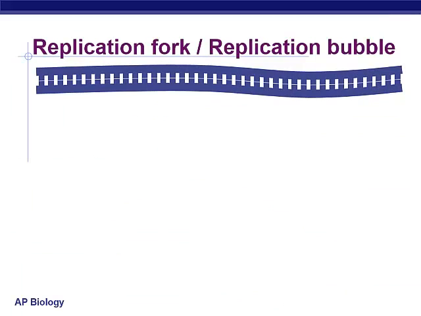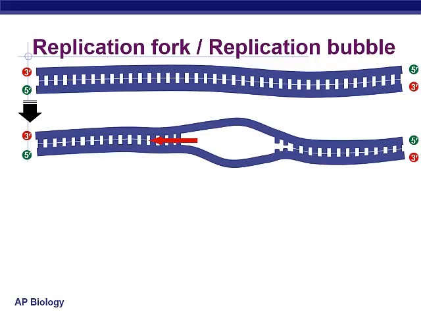So let's take another look at it. It depends. In a bubble, we're going to go both directions. Actually, I'm going to show that to you now. So let's say this is my DNA this time. And I've got a bubble, and I'm going to actually do replication in both ways from my bubble. Okay?